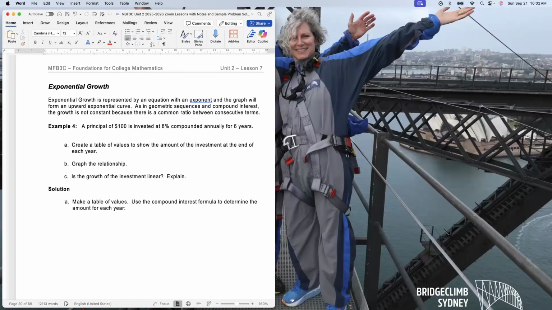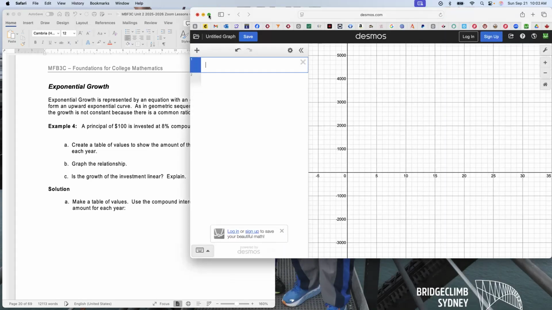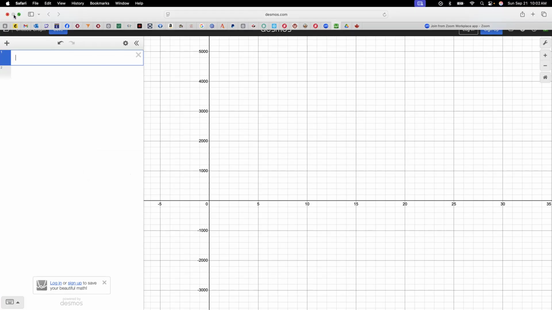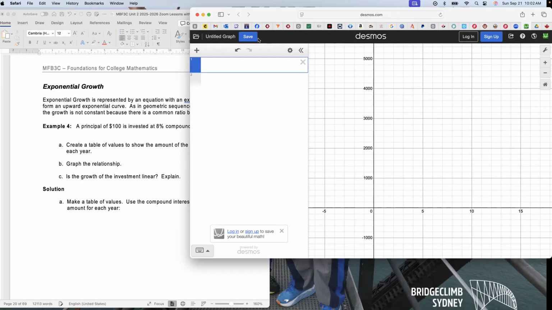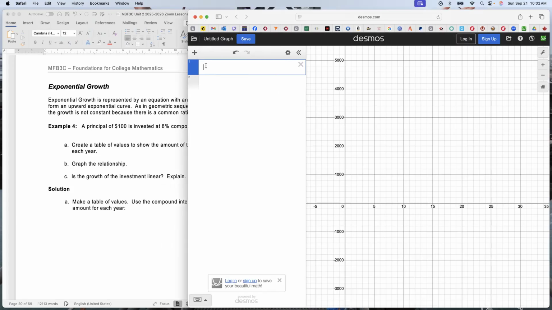So now I'm going to bring up Desmos, desmos.com, the free online program that we used. It does a very good job at graphing.